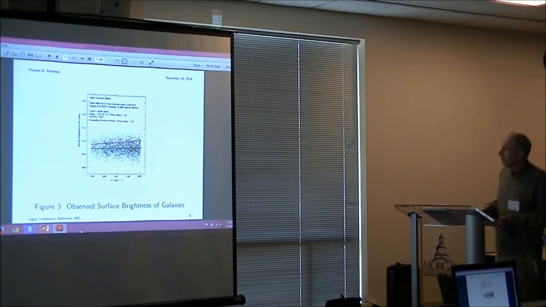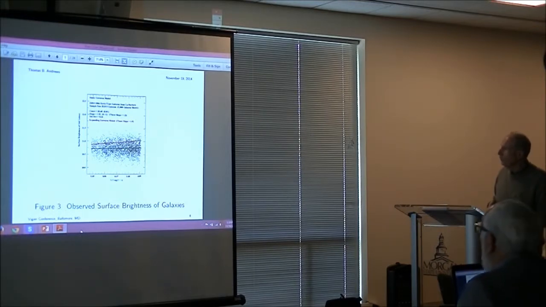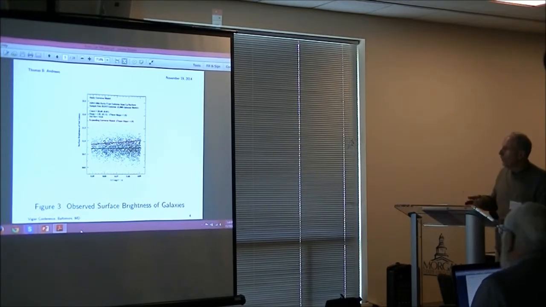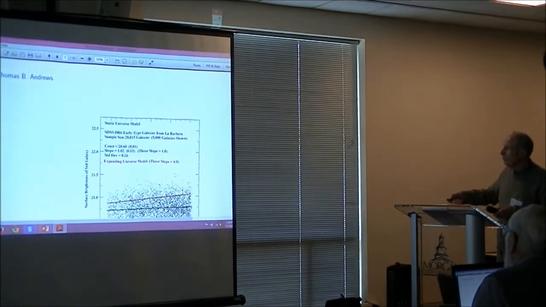Okay, we'll go on and show a particular test. This is a sample of 40,000, well, it's 28,000 after I eliminated some. 28,000 galaxies. I only show 5,000 here. These lines represent various slopes.